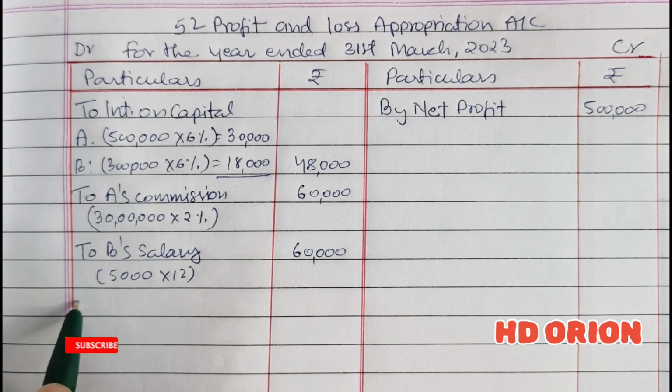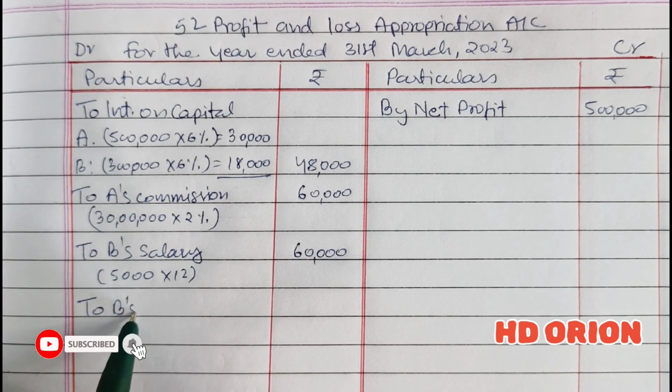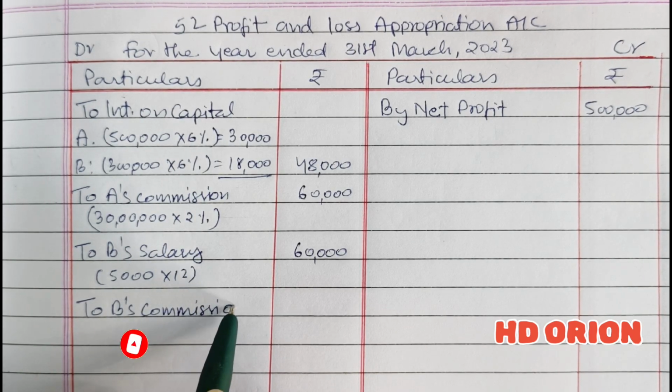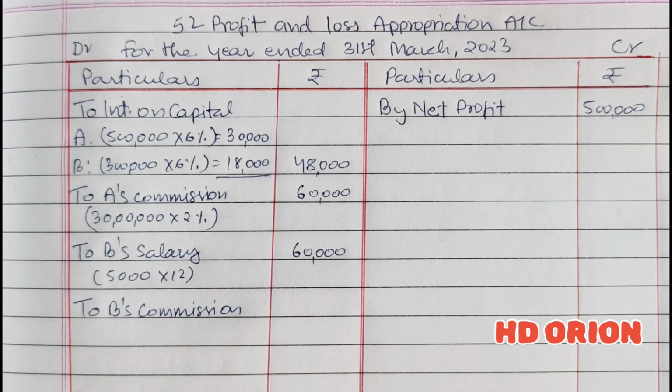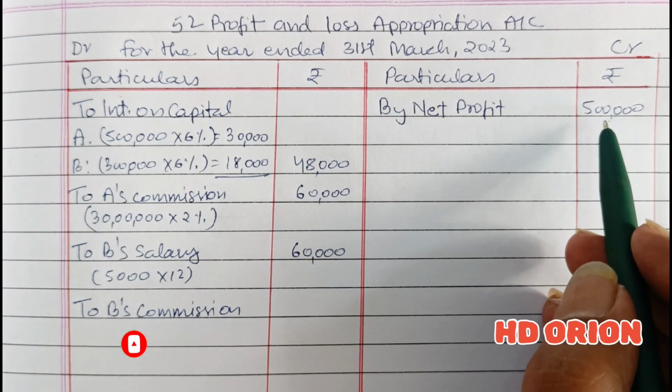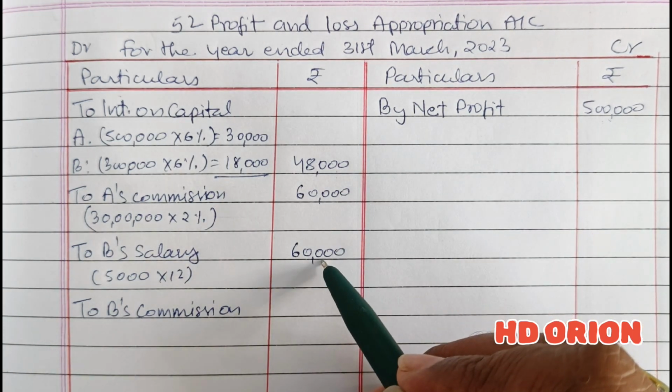Then come to B's commission. About B's commission, it says that profits after deduction of all expenses, means not on this profit but after deduction of all these expenses.